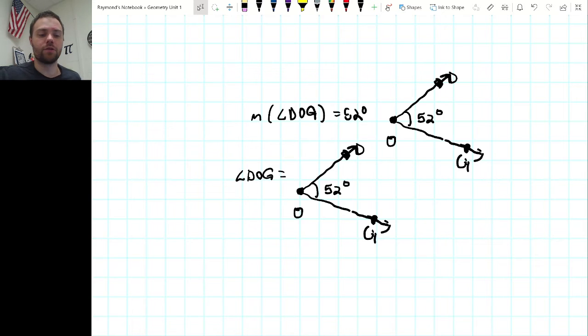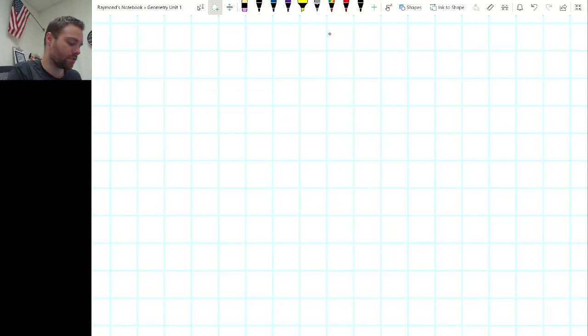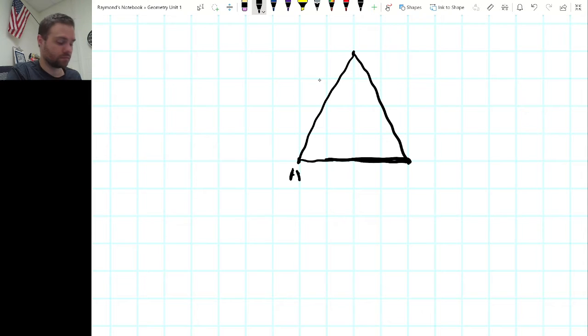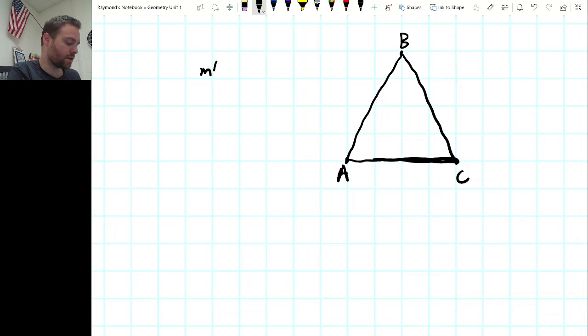Okay? So you've got two triangles over here, and you've got two different cases here. So you've got the measure of angle A is equal to the measure of angle BCA. Okay? So what this is saying is if I have a triangle ABC like that, here's A, here's B, here's C. You're saying that the measure of angle A is equal to 70 degrees.